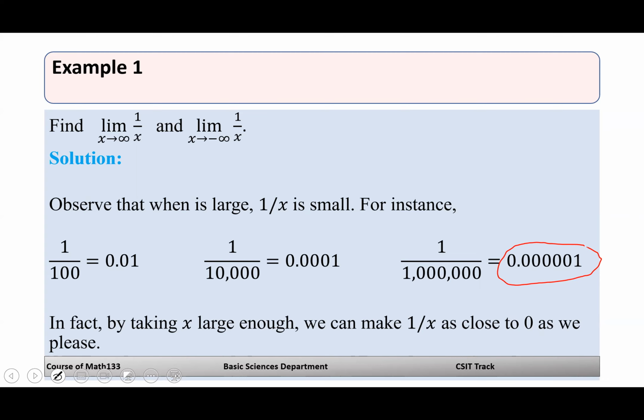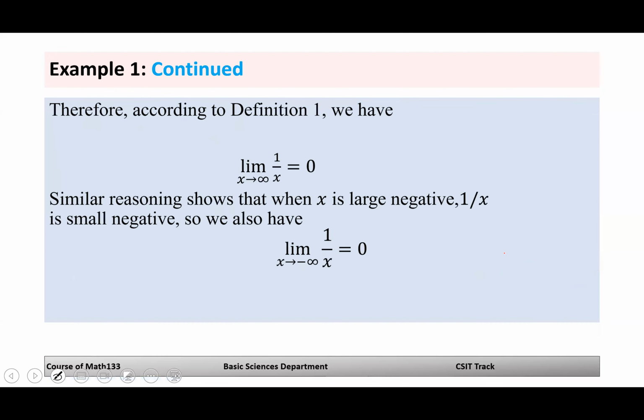The same phenomenon happens for minus infinity, because you just put a minus here, so the result will be negative, and the value of the limit is still 0 here.